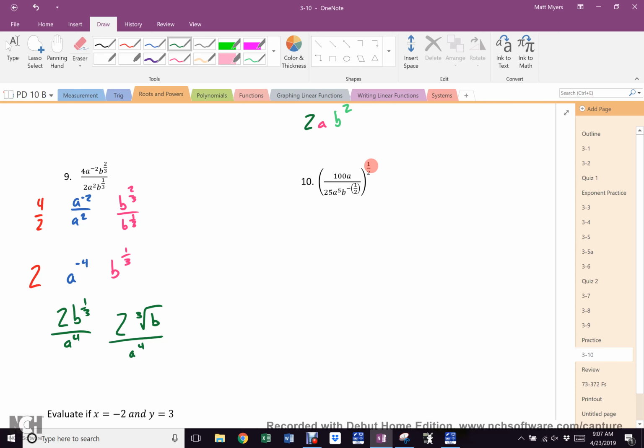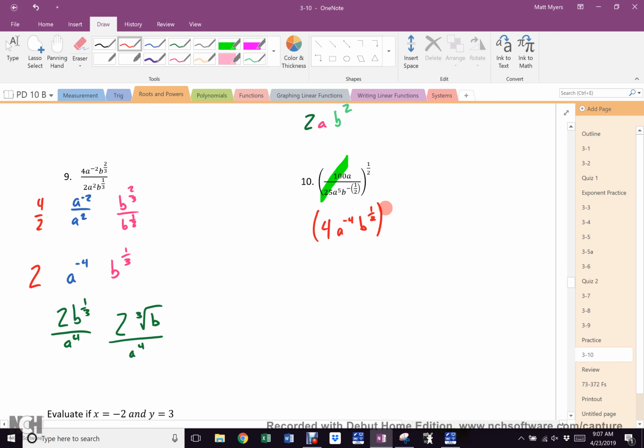Okay? Now, in this case, obviously, what is 100 divided by 25? 4. A over a to the 5th is a to the negative 4, yes? And b to the negative 1/2, I don't like negative 1/2. I want everything on one line, so it becomes b to the positive 1/2, yes?